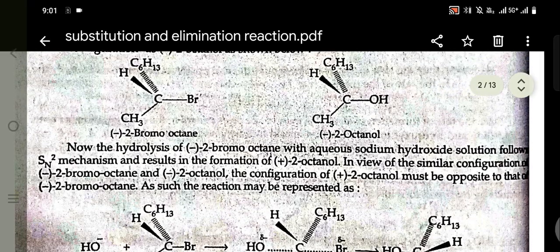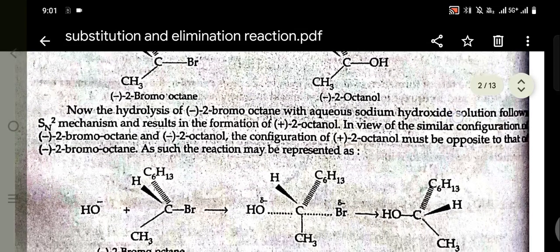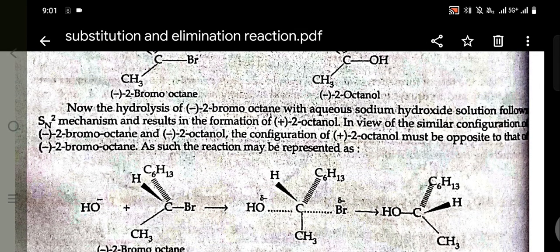Now, the hydrolysis of 2-bromo-octane with aqueous sodium hydroxide solution follows the SN2 mechanism and results in the formation of plus 2-octanol. In view of the similar configuration of minus 2-bromo-octane and minus 2-octanol, the configuration of plus 2-octanol must be opposite to that of minus 2-bromo-octane.